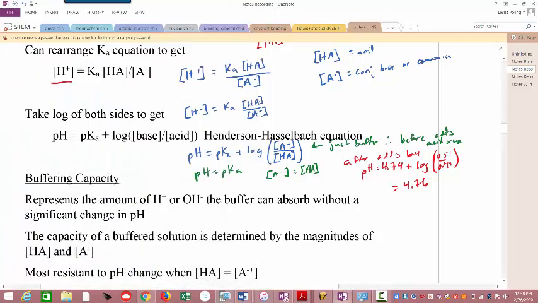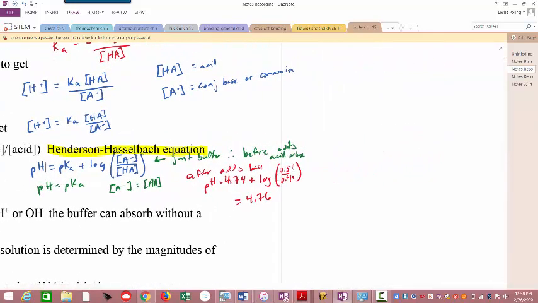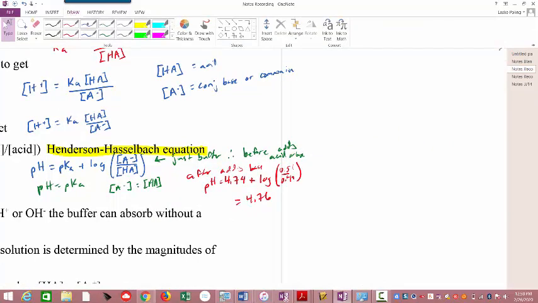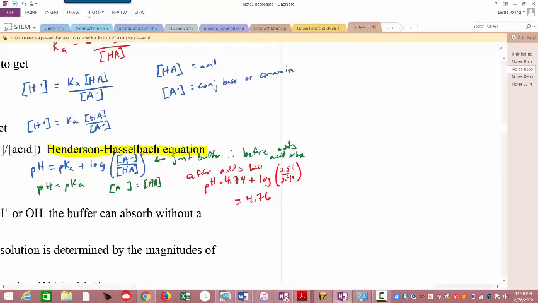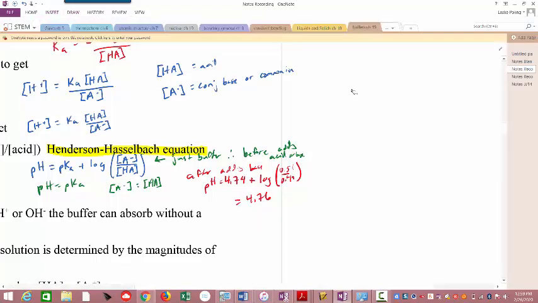Okay? So, the Henderson-Hasselbalch ends up making a buffer problem a whole lot simpler. And you can even do the stoichiometry in it. Okay? So, here's our, whoops, stop writing in highlighter. All right, so here is our Henderson-Hasselbalch.